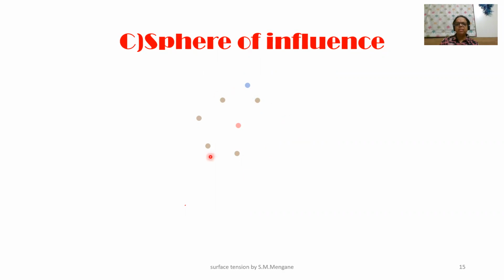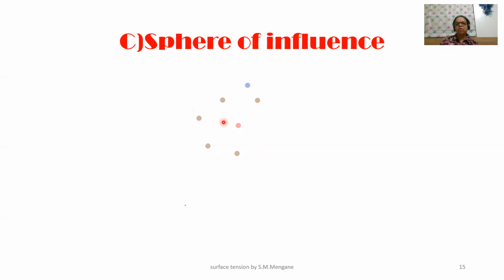Imagine the charge is placed at point A, and other charges are placed at points B, C, D, E, etc. Then if these charges are placed in, or brought into, the electric field, the electric field exerts a force on them.